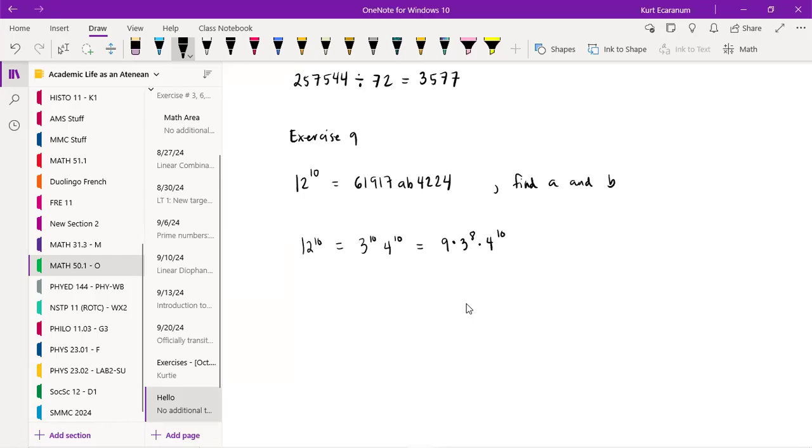And this goes the same for the digits. So ang kailangan natin ditong pagtuunan ng pansin is the digits. So 6 plus 1 plus 9 plus 1 plus 7 plus A plus B plus 4 plus 2 plus 2 plus 4 is congruent to 0 mod 9.